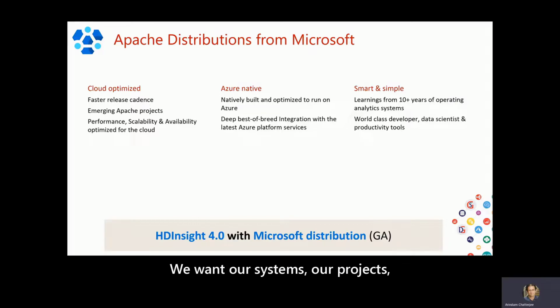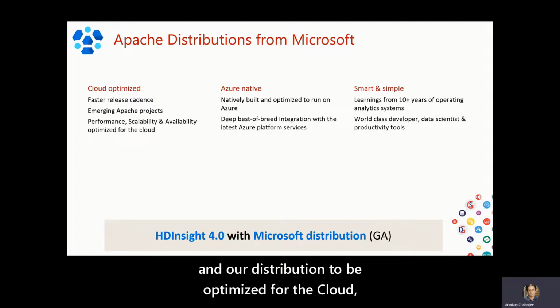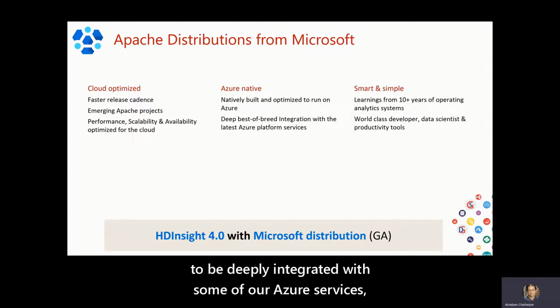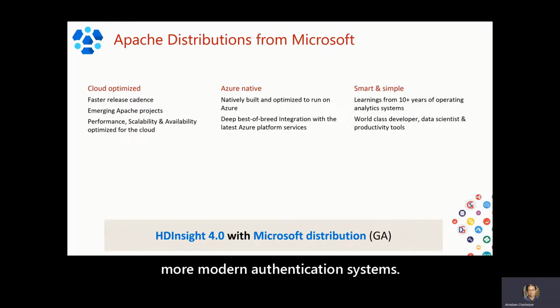So we want our systems, our projects, and our distribution to be optimized for the cloud, natively integrated with some of our Azure services, whether it is newer features in Azure storage or newer, more modern authentication systems.